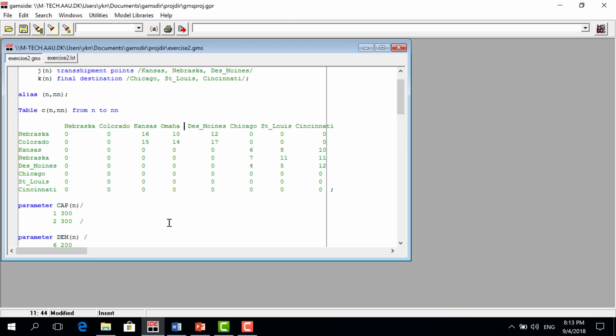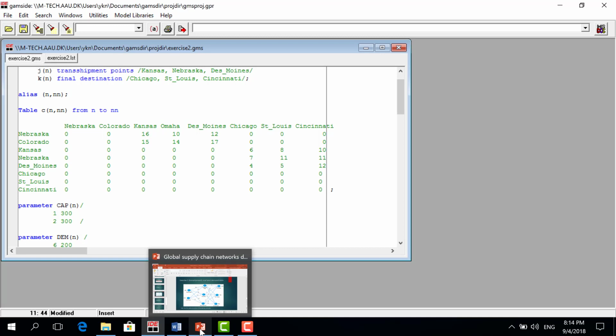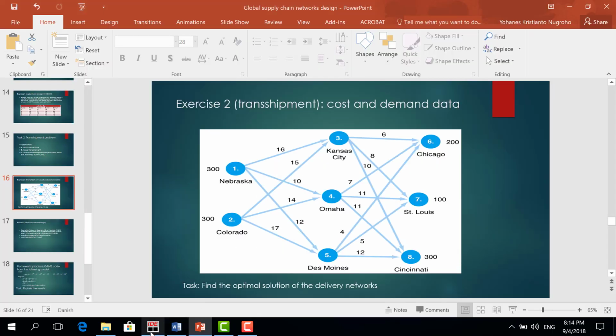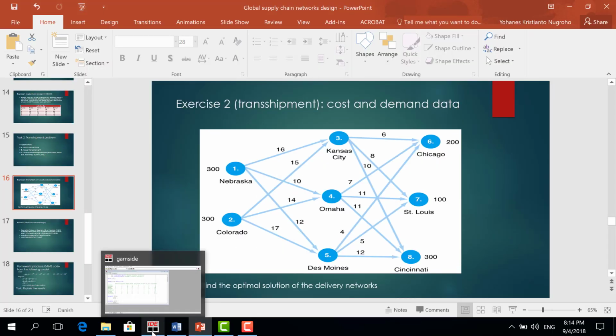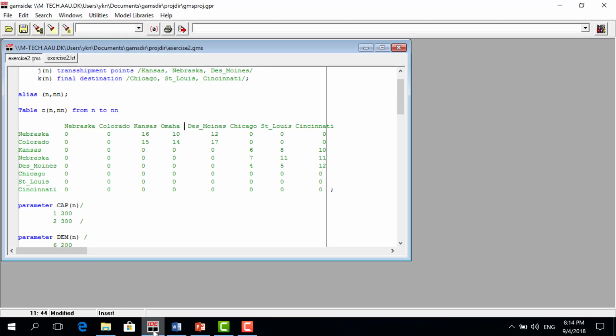This is not a big problem, because the optimization model will optimize accordingly, so there is no difference in result between setting the number to 0, 100, or 1000. But for numbers like 16, 10, 12, you have to put them according to the problem here. Otherwise, the result will be different.